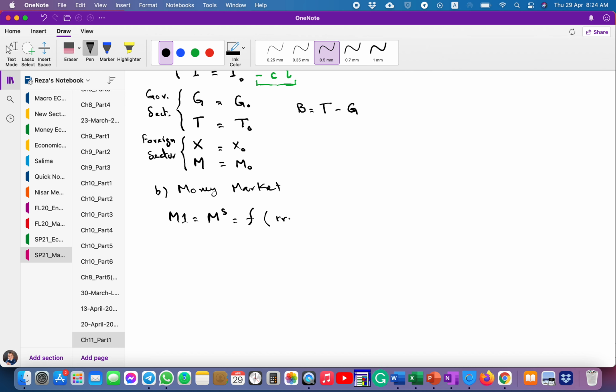Number one is the required reserve ratio. By playing with the required reserve ratio, they are influencing the money multiplier, and then the commercial banks can give loans and the money supply will increase or decrease.